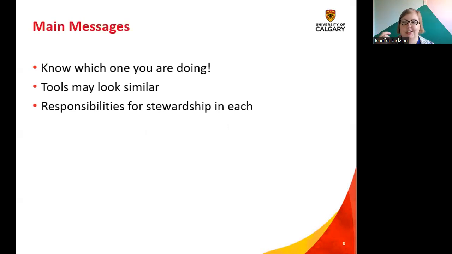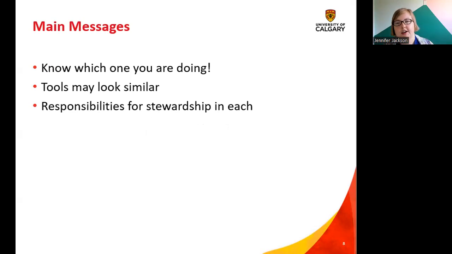So the main messages are each of these different techniques contributes to healthcare improvement in different ways. I've presented them here as mutually exclusive, just to help us introduce these concepts. In real life, they can cross over. So maybe you're doing a clinical improvement project, but you build a research component into the evaluation.